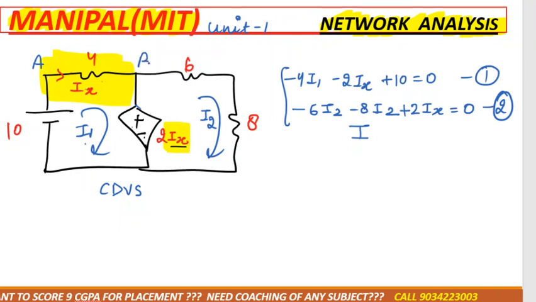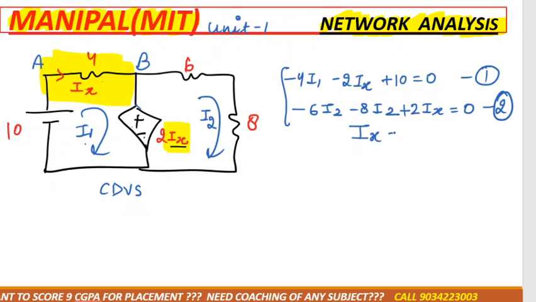So as you can see, Ix and I1, they both are in the same direction or opposite direction. Ix is moving from A to B and I1 is also moving from A to B, or B to A. So A to B. Now both are in the same direction or opposite direction.